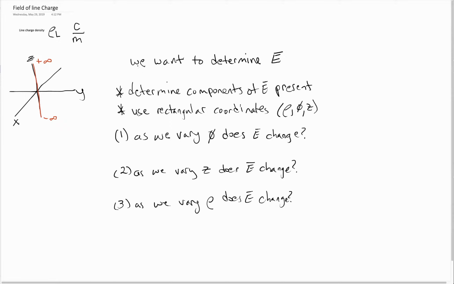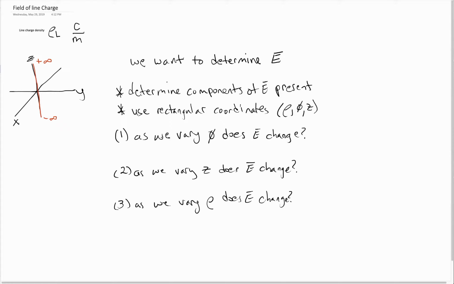And the goal of this section is we want to determine the electric field at some point around this line charge. And so the first part is you want to determine what components of the electric field are present, and then we're going to use rectangular coordinates for this system.